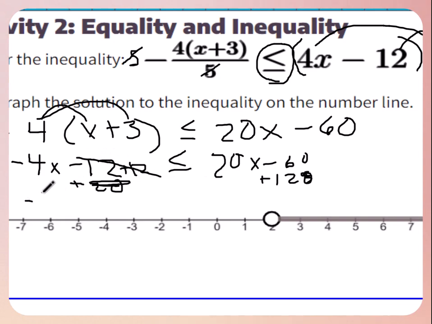Bring down the negative 4x, less than or equal to 20x. And then negative 60 plus 12 is negative 48.